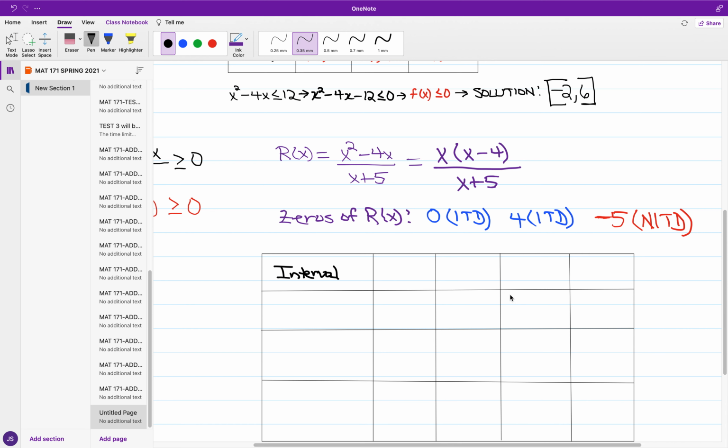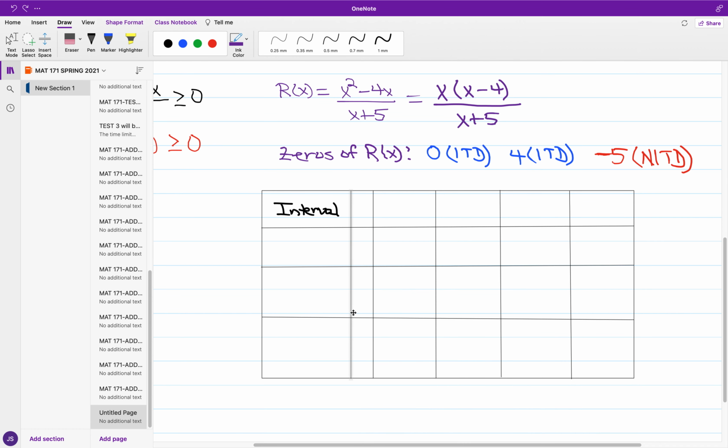Out of negative 5, 4, and 0, negative 5 is the smallest of the zero values. So at the lower end, we're looking at those values of x that are less than negative 5.